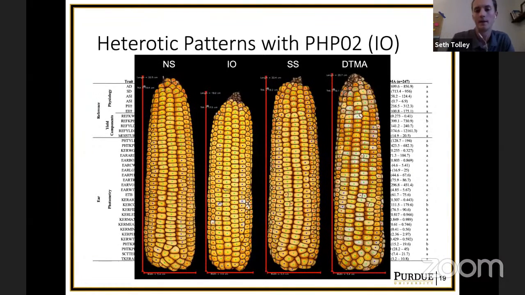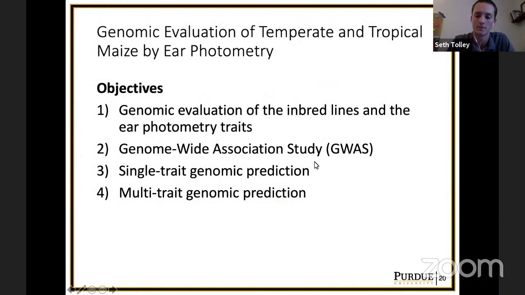When you add in the DTMA material, you can see that it was not significantly different from the non-stiff stalk or the stiff stalk heterotic groups. There was, however, an interesting trend that there was a significant decrease in kernels per ear, which was more associated with the fact that we had a larger proportion of tip kernel abortion than in the temperate heterotic groups.